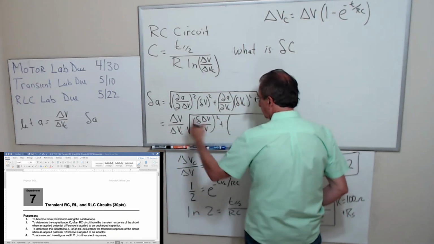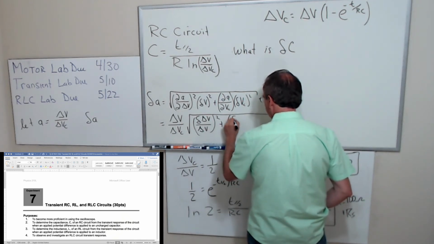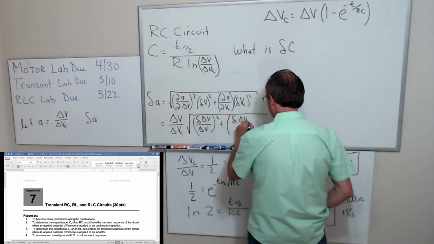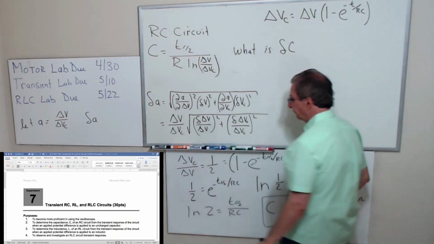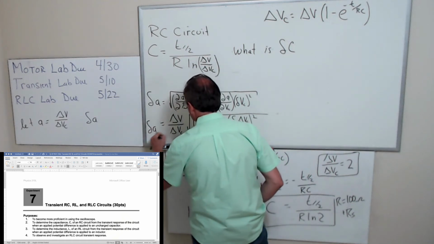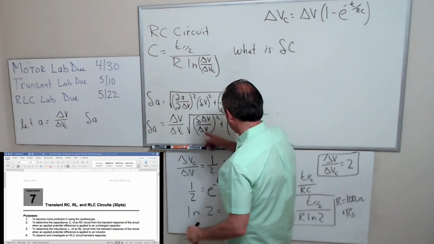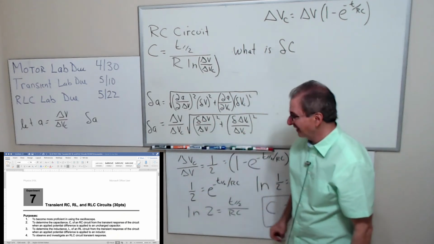I factored this term out. Okay? So that's delta A. So we know what delta A is, right? It's given by this expression, and this ratio is 2.